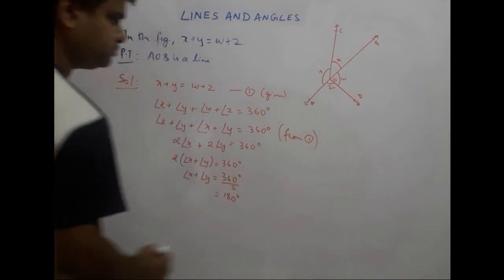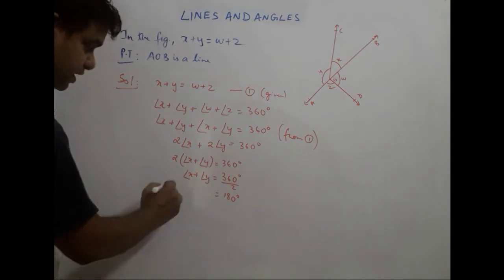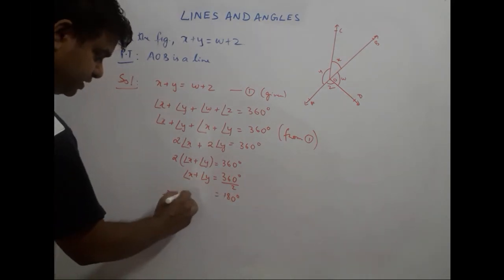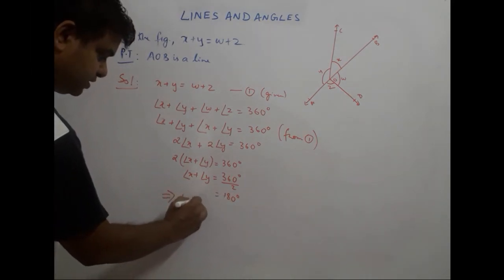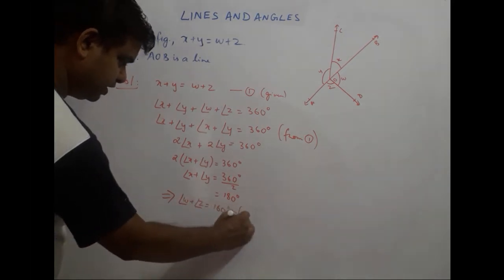Now this we can write over here from 1. Now since x plus y is equal to 180 degrees, this should imply that angle w plus z is also equal to 180 degrees.